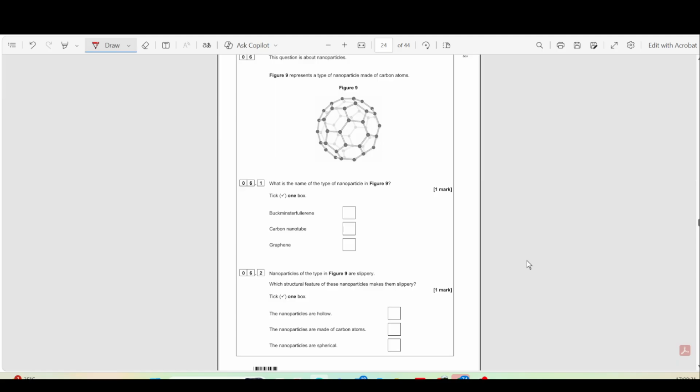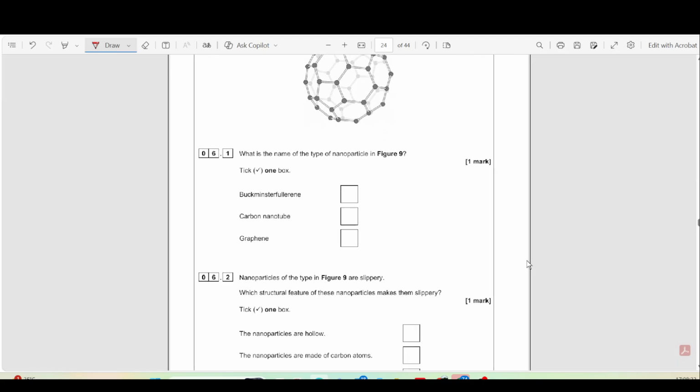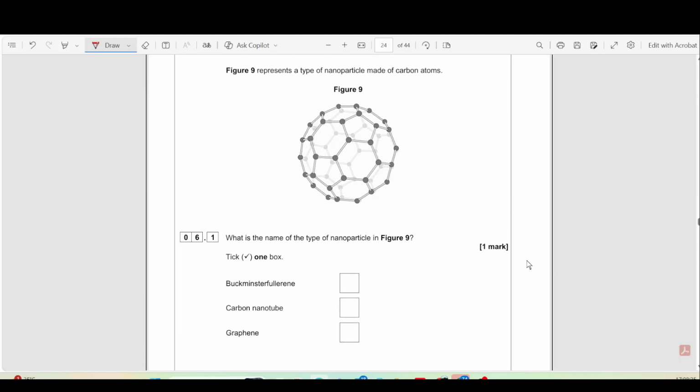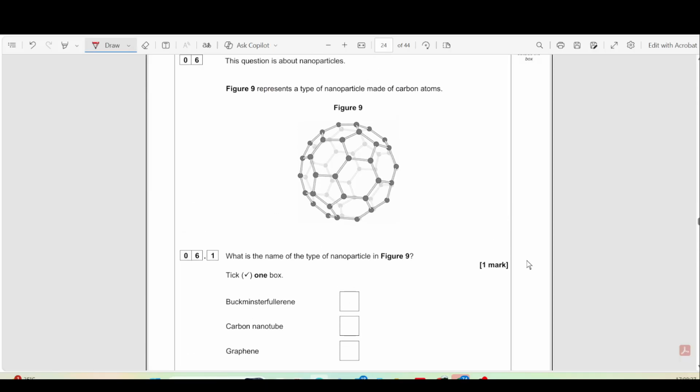Because it says it is made up of carbon, and if you look at the figure, this image is showing a spherical molecule made up of carbon atoms, and it looks like a football. So the correct option is this.